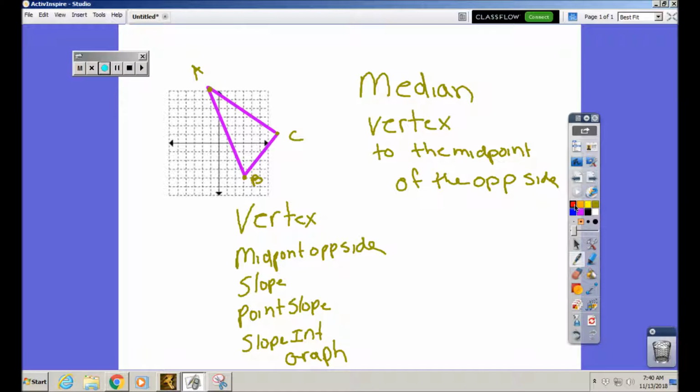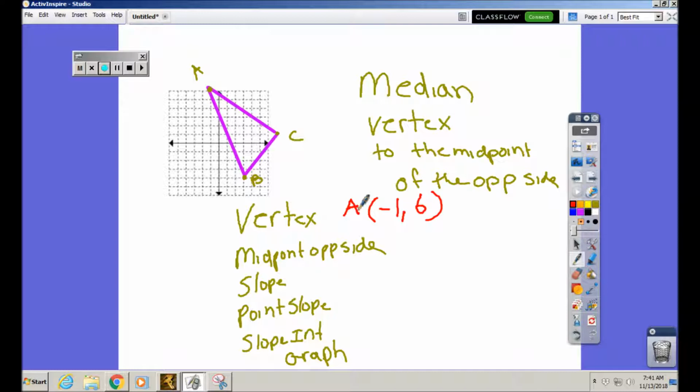You either look, right? You count over, that's -1, up 6, or you look at the paper that said vertex A was -1, 6. Somebody's not going to write this down correctly on their test, and it's given. See, it's like a proof. It's given. It's right there. Copy it. So that's vertex A.